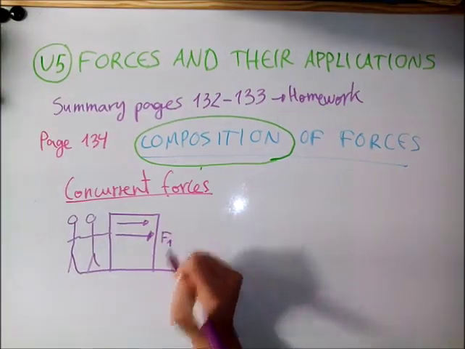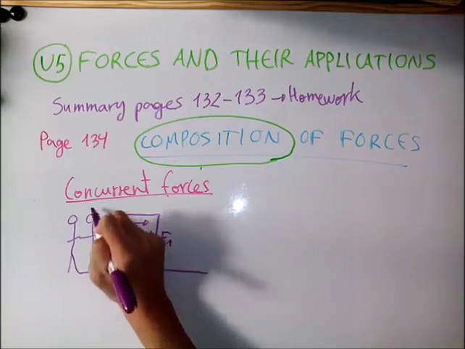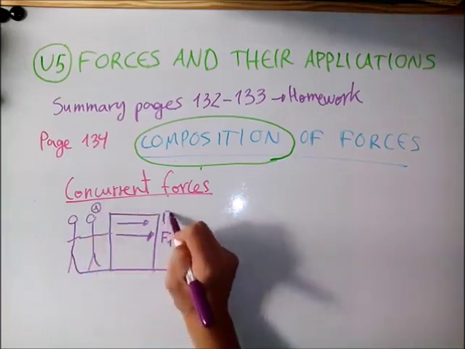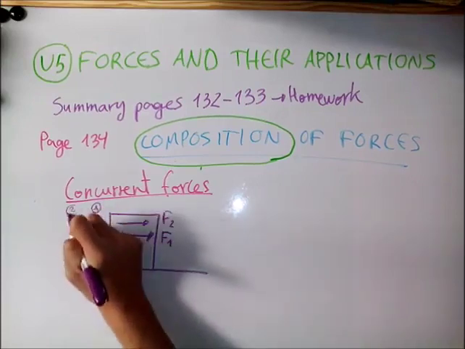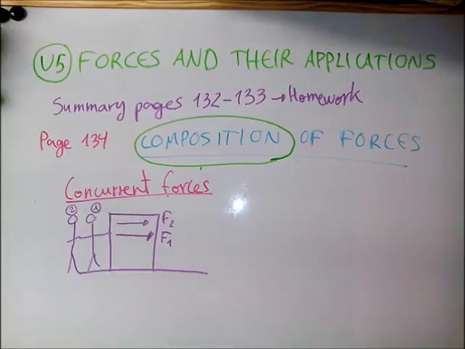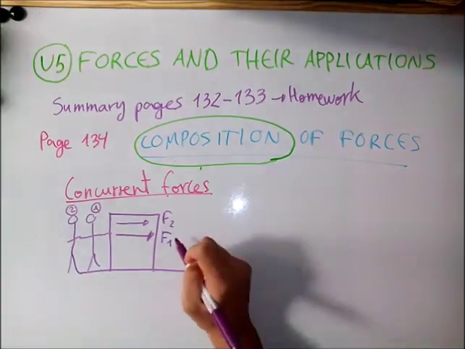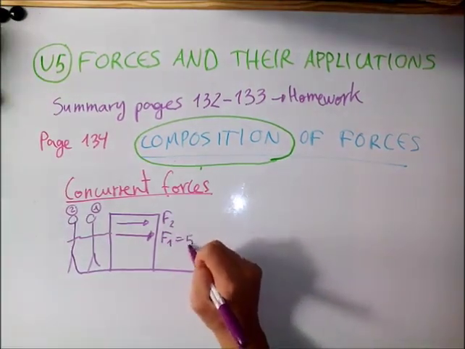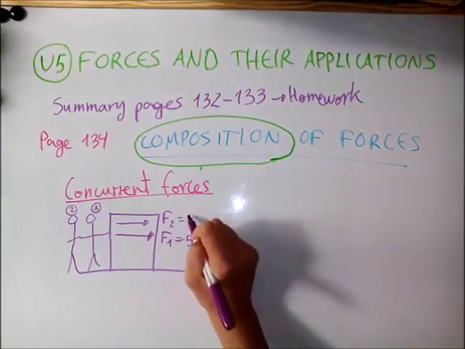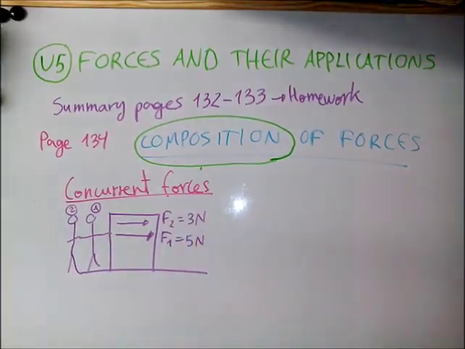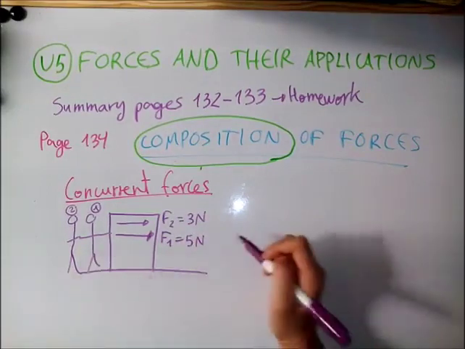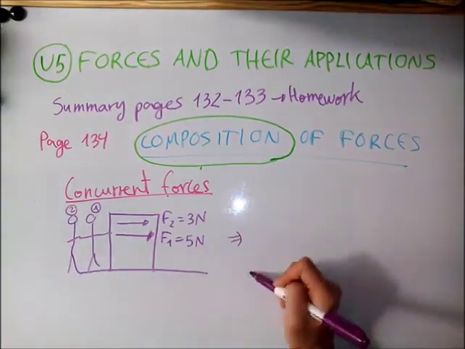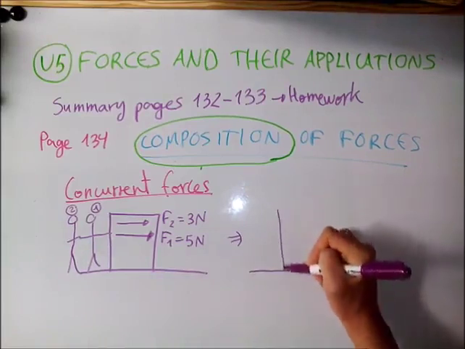We will see, for example, this is force 1, which is applied by person number 1, and force 2, which is applied by person number 2, okay? Let's say that, for example, force 1 is 5 Newton and force 2 is 3 Newton, as an example, okay? They're both pushing in the same direction. So this is equivalent to this situation.